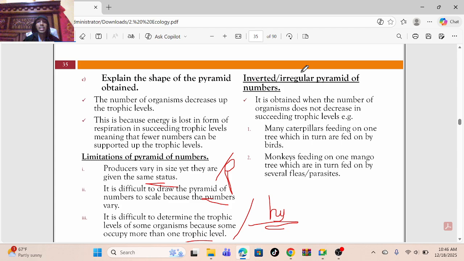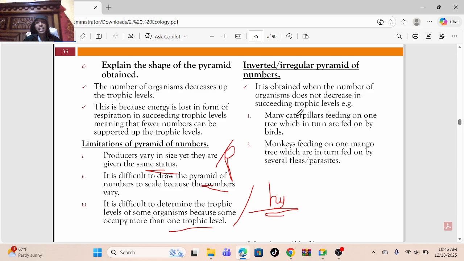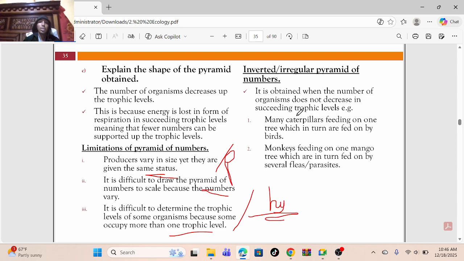They are also inverted or irregular pyramids of numbers. Hii huwa sometimes inakuja, in case ikuja you have to know. For example, many monkeys feeding on one tree of mango. Mango ni moja lakini many monkeys zina feed. Ama many caterpillars feeding on a tree, which in turn are fed on by birds.